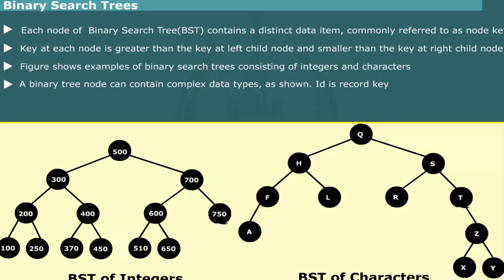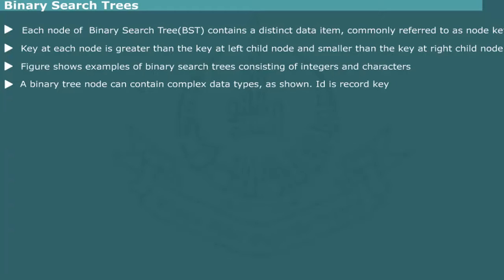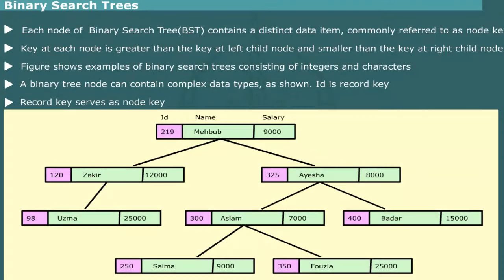One of the fields is designated as the record key, or key, for the node storing the record. The figure depicts an example of a search tree which stores personal records. In this example, the personal identification number is the node key. Other fields are name and salary.